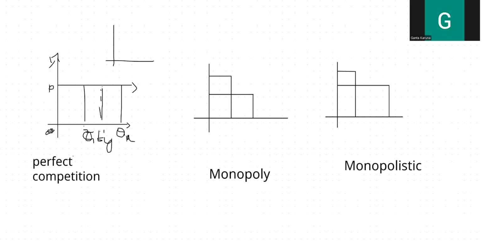The price has a direct relation with the supply. For example, if this one is P1, here it is P2, and here it is P3, then based on how the price goes, the supply curve is going to go in the same format. Let me draw this one.